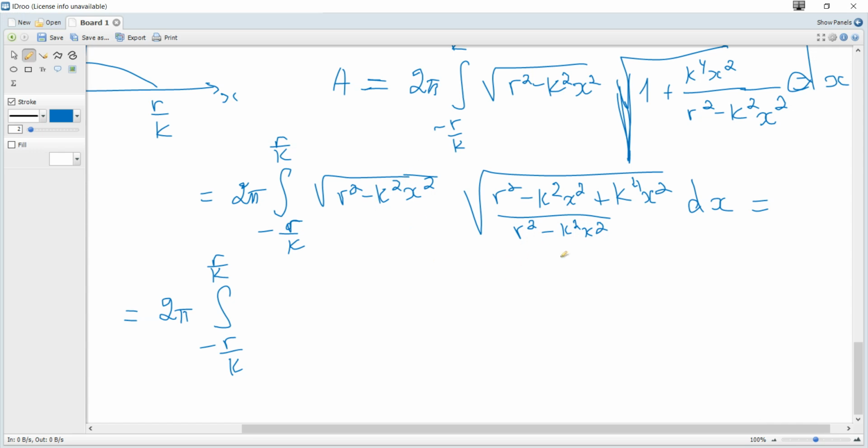This square root cancels, and we get the square root of r squared plus k to the power of 4 minus k squared, multiplied by x squared, dx.